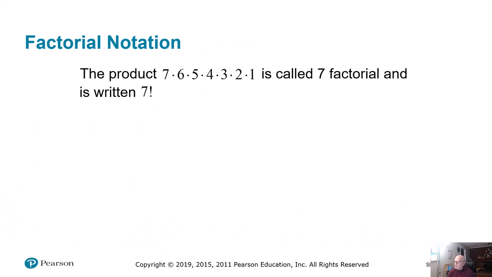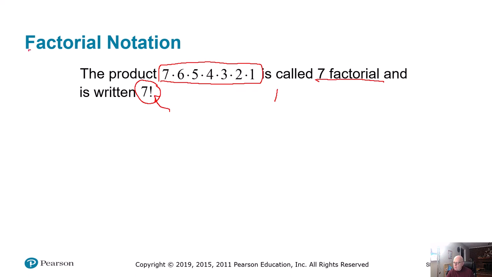And that is called factorial. We've got a special notation for that. This 7 times 6 times 5 times 4 times 3 times 2 times 1 is called 7 factorial. And we've got a special way to write it. 7 with an exclamation point after it. The exclamation point means we've got a factorial that we're going to calculate. That means we're going to start with 7, then the next one down until we end up with a 1 here at the end. And we'll multiply all those factors together.